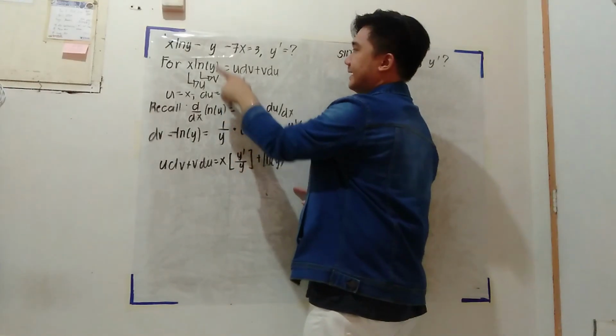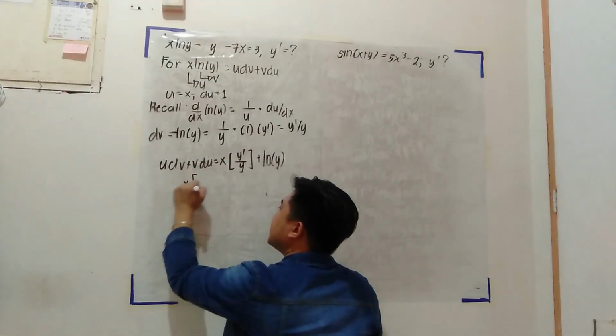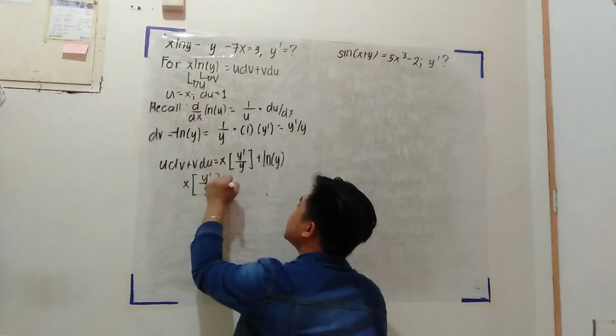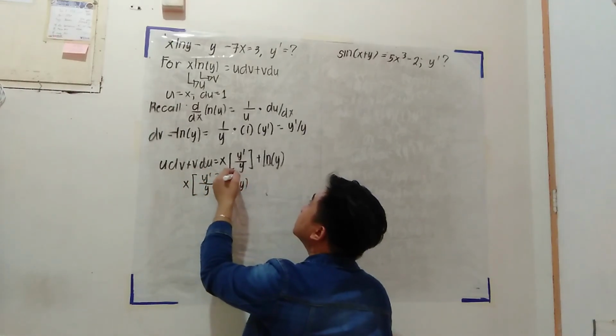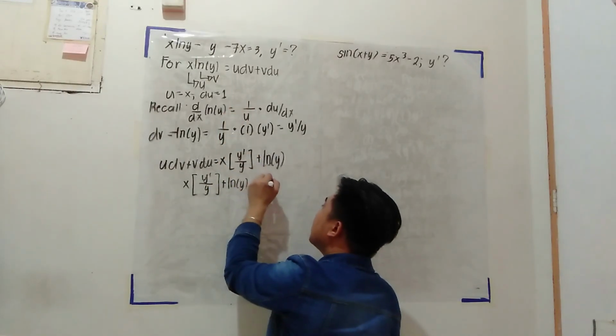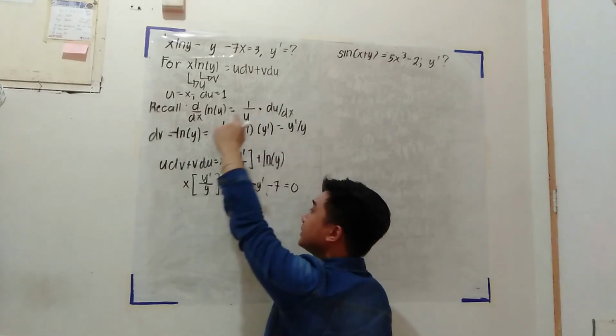Okay? And then insert ko na doon. So I have x quantity y prime over y plus ln of y. Derivative of y is y prime minus 7 equals 0. Kasi constant lang naman po yung 3.